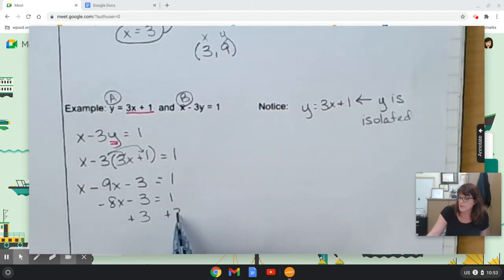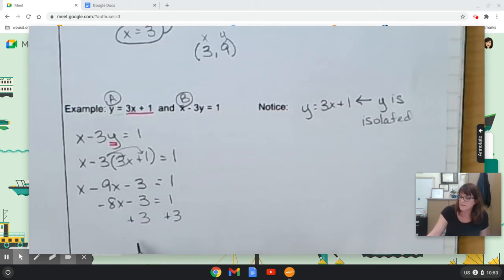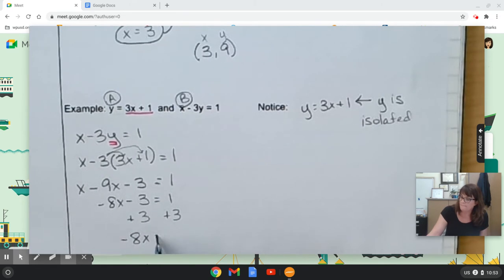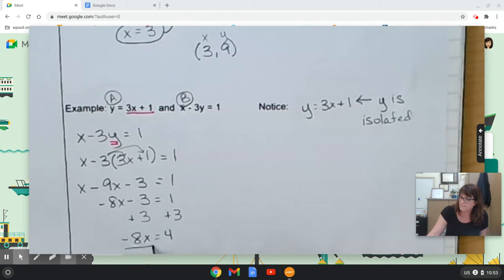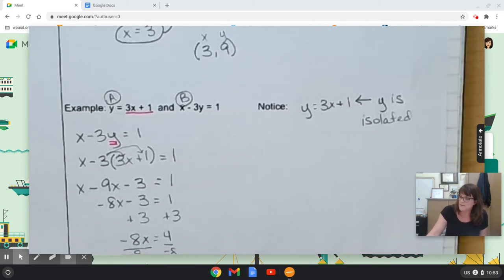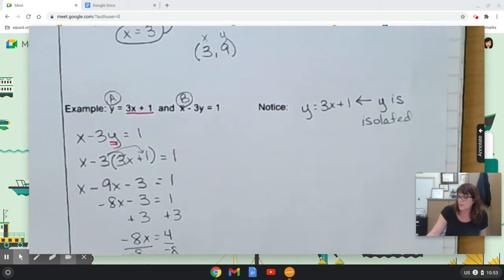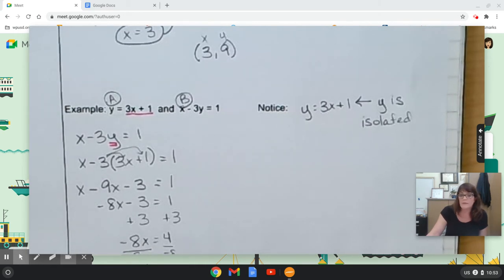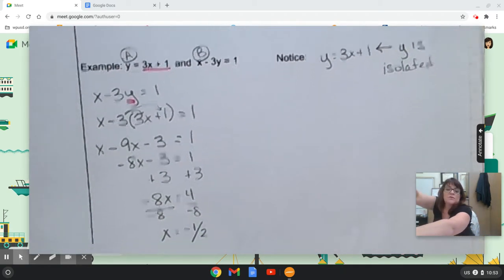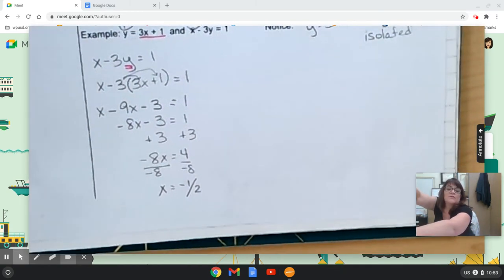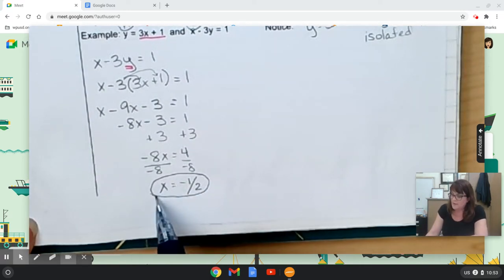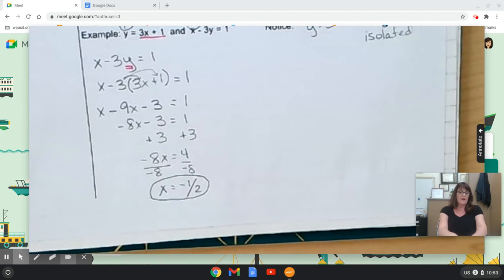Use inverse operations to continue to isolate x. x equals negative 1/2. Okay. I have to move my dot camera just a little bit for you. There we go. So we have a value now for x.